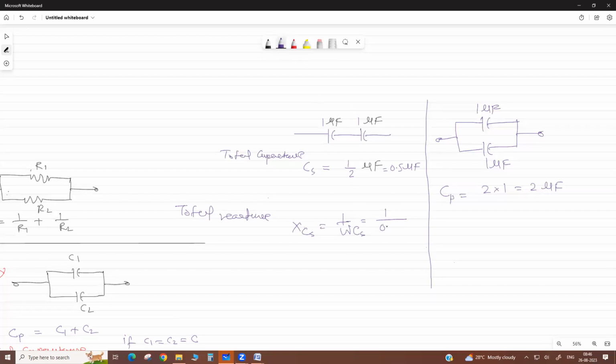We can write it as 0.5 omega, and microfarad is 10 raised to the power minus 6 in farad. It is omega into 0.5.